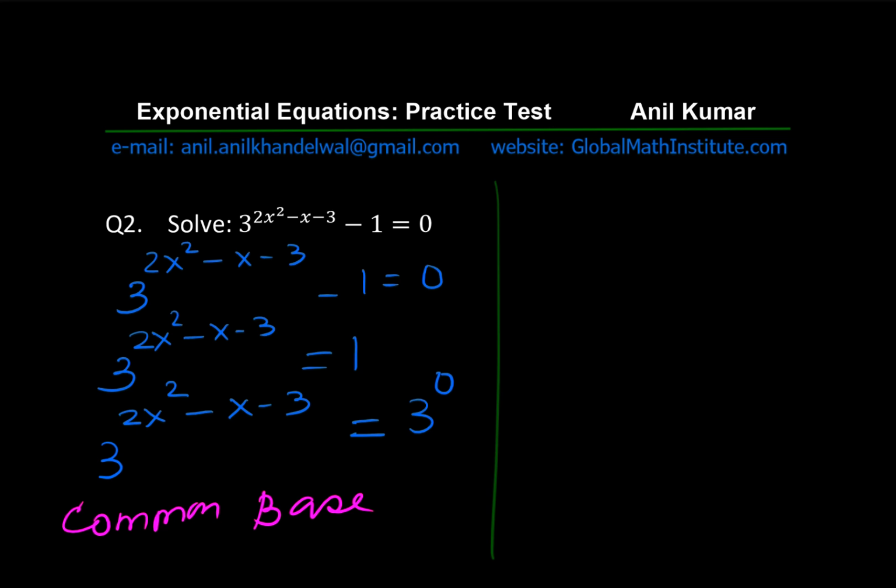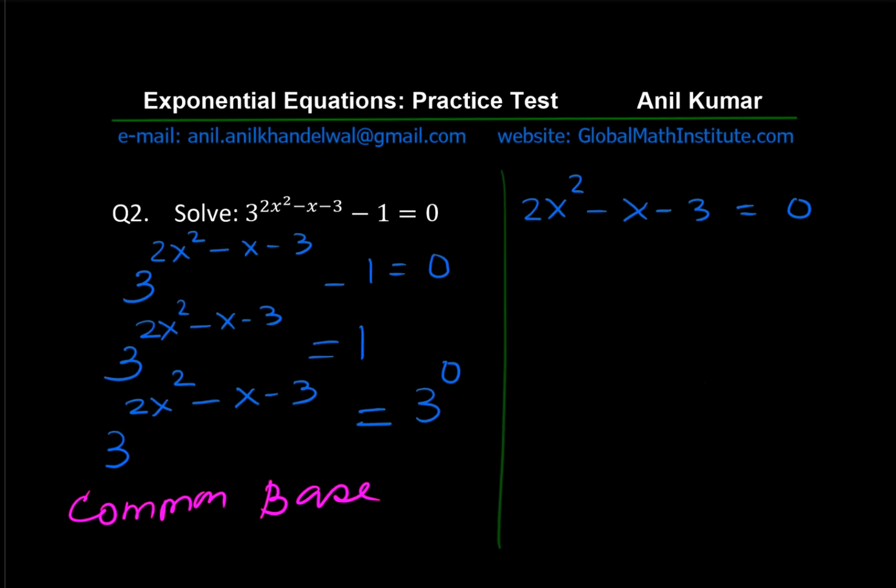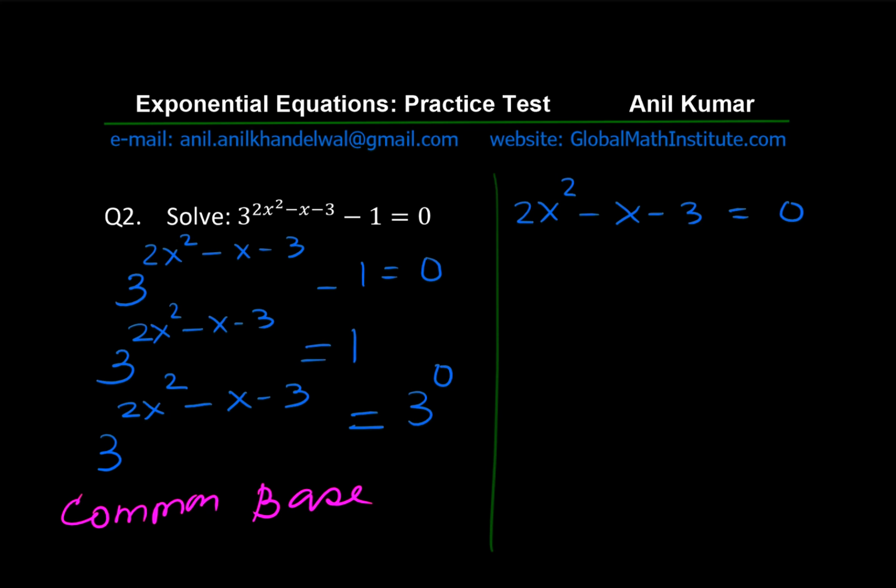So we could now write 2x squared minus x minus 3 equals to 0. That's a quadratic equation. You can factor this and then solve. So factoring, product, we are looking for negative 6. So you could write this as 2x squared minus 3x plus 2x minus 3 equals to 0.